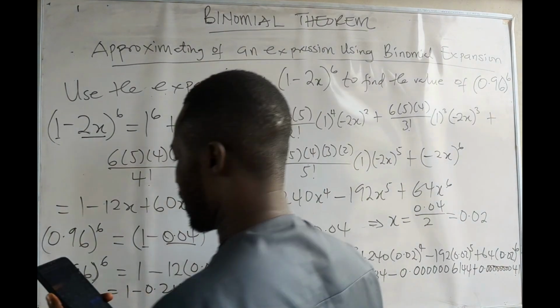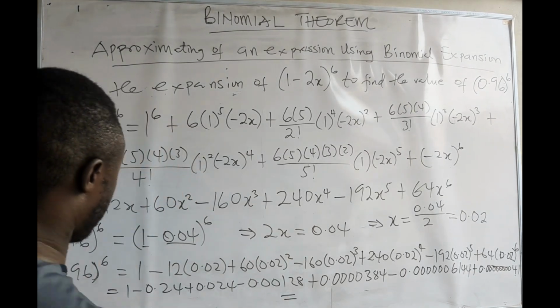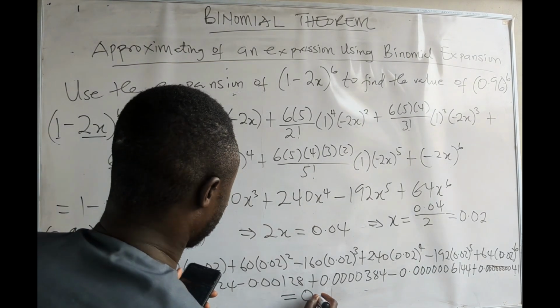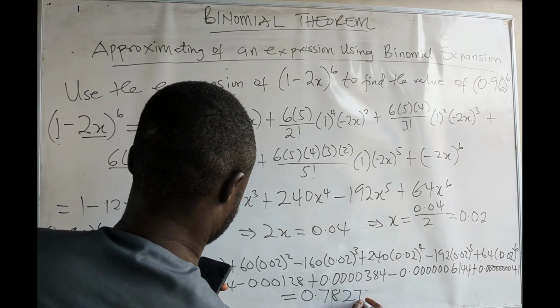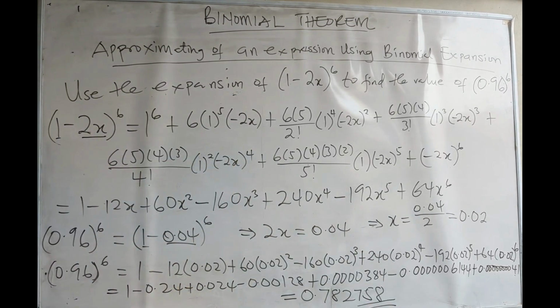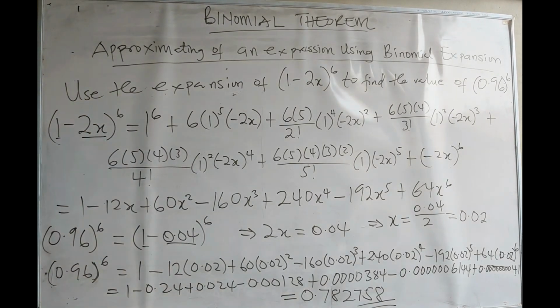So at the end of the day, adding everything together, let's see the answer we are getting now. We are getting 0.782757, okay, so 58 is okay. So 0.96 exponent 6 is 0.782758. After that, we can put this on the calculator and confirm if our answer is correct. So let me put it on the calculator.